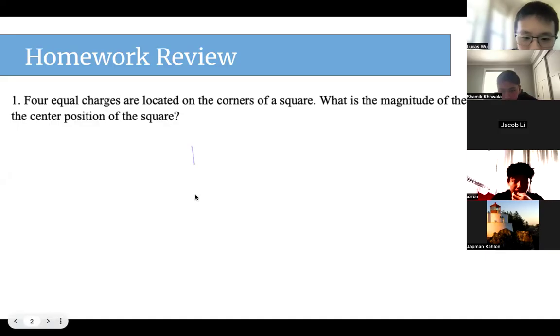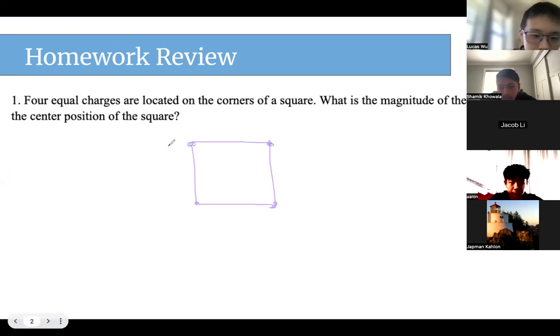So let's draw the square, and I have charges on each corner. I'll just call the charge Q because they all have the same amount of charge. At the center of the square, you gotta remember that the force is a vector.